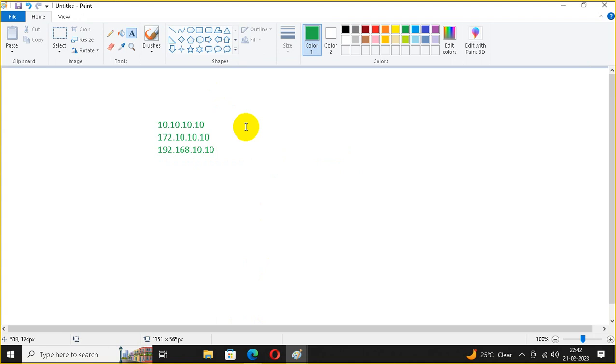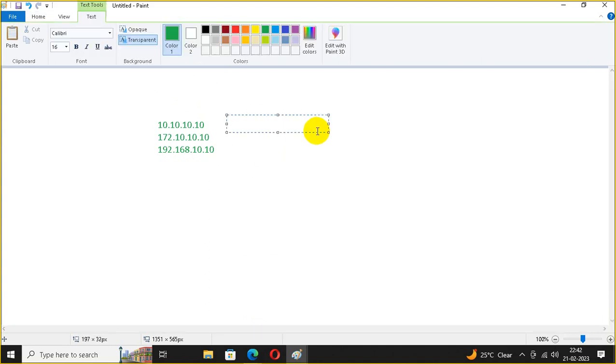Now I want to know how many host bits each IP address has. First, 10.10.10.10. What is the class structure? Class A. What is the structure of it? 1 network, 3 host.